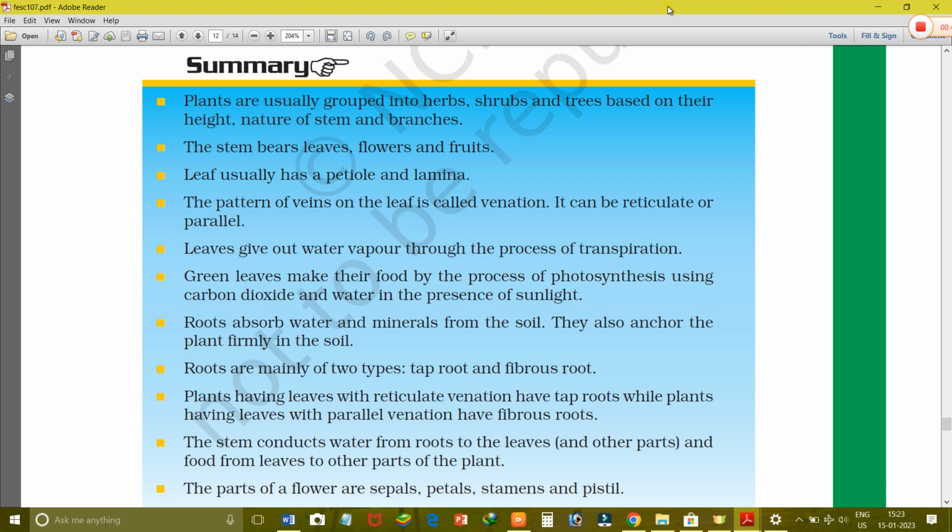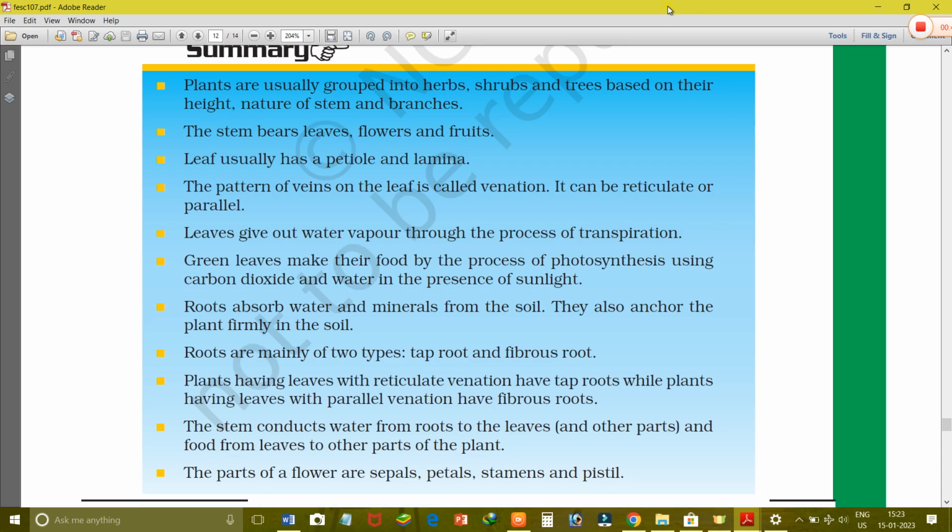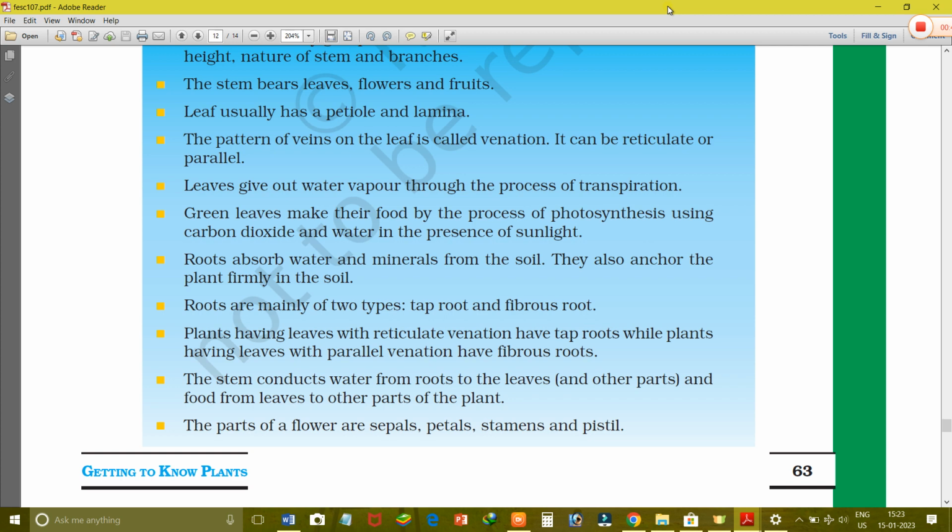The pattern of veins on the leaf is called venation. It can be reticulate or parallel. Leaves give out water vapor through the process of transpiration.